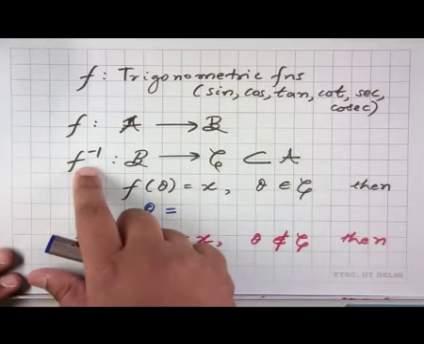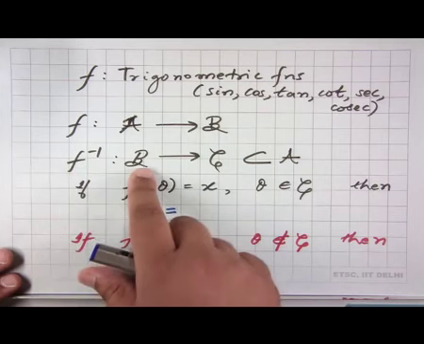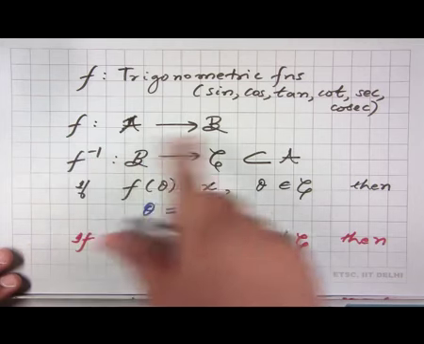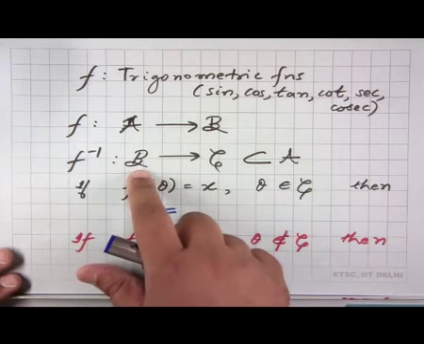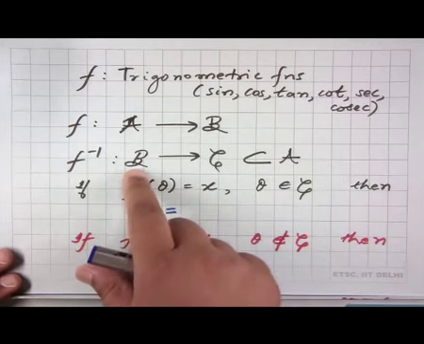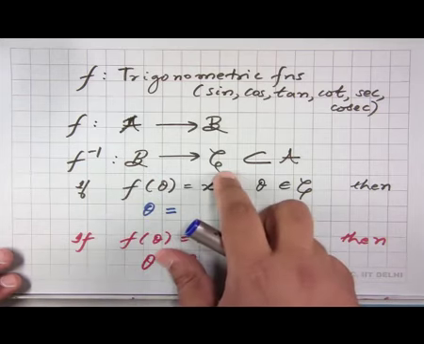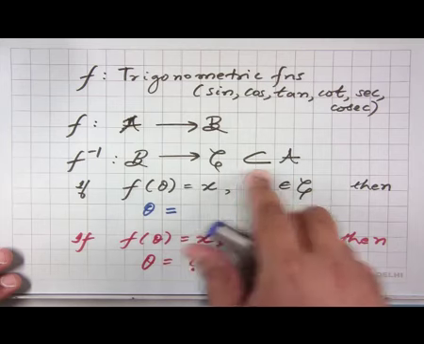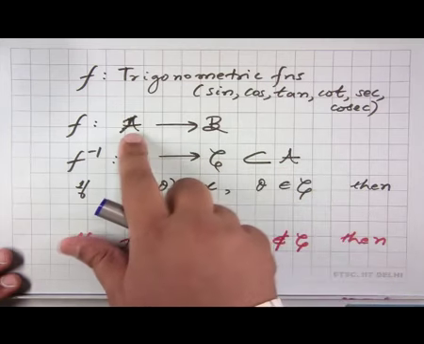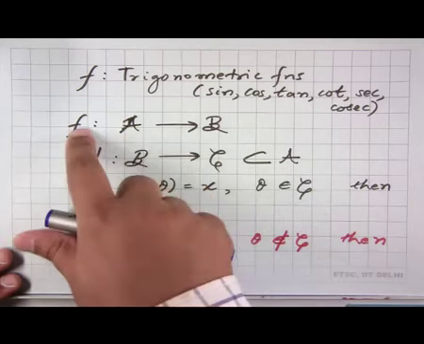So, for the inverse function f inverse, the domain set is going to be the same as the range set of the function f, which is B. So, the domain of f inverse is the set B, and the range set will be another set C, which of course has to be a subset of the set A, which is the domain of the function f.